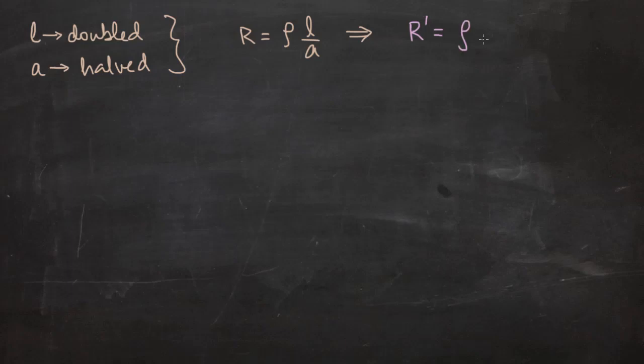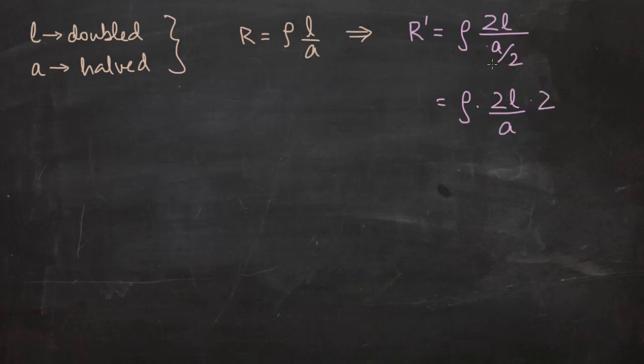R dash would become rho into, the length has become double the original length, so it becomes 2L, while the area has become half the original area, A by 2. So rearranging these 2's, I can write this as rho into 2L by A into 2.